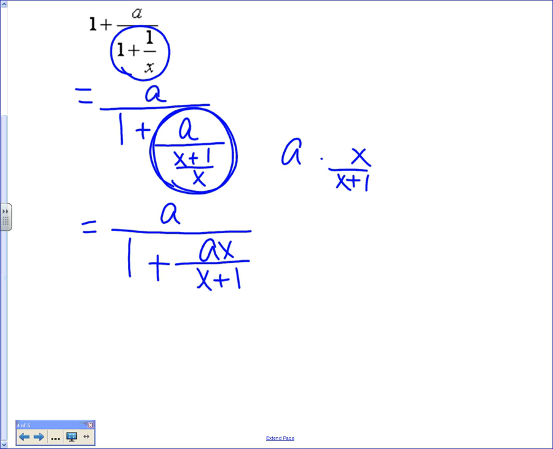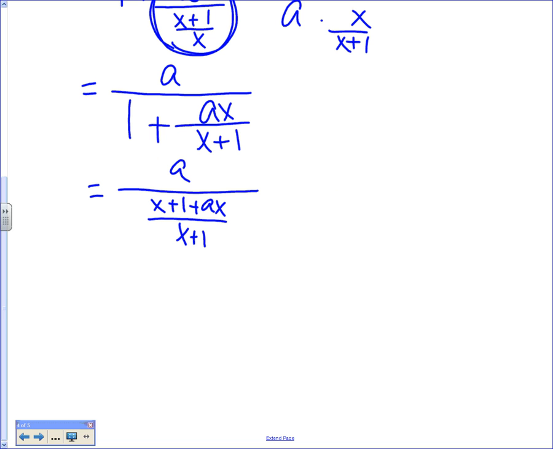Any questions so far? Okay, now what? Okay, what would be the common denominator? What would it be? Right? Now what? Okay, so A times x plus 1.